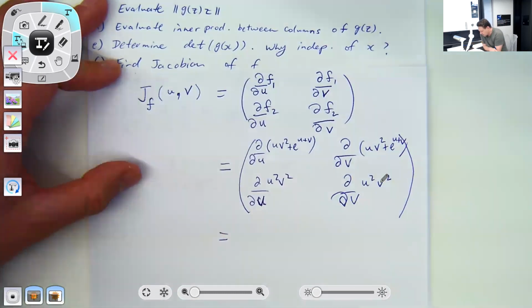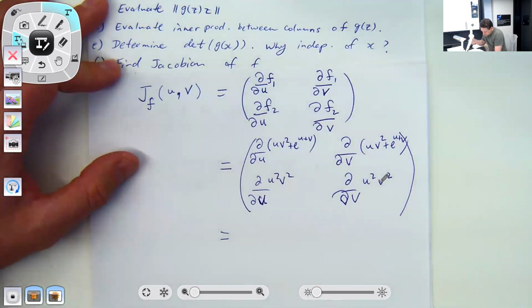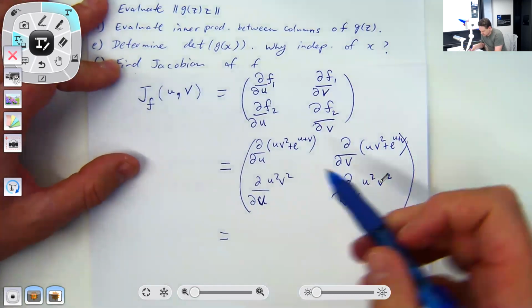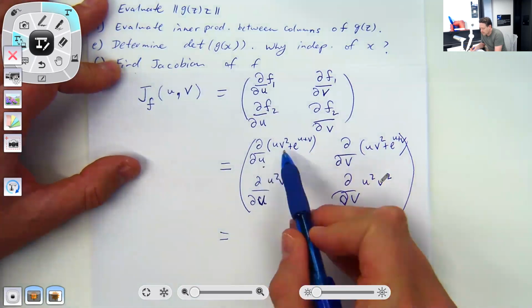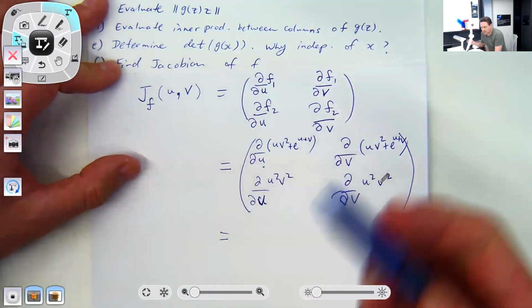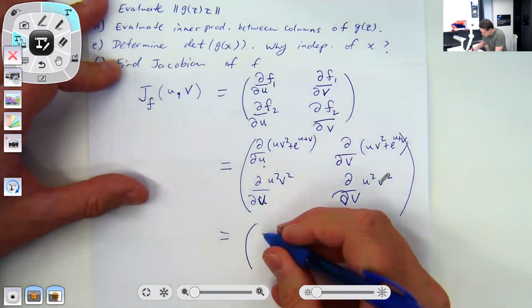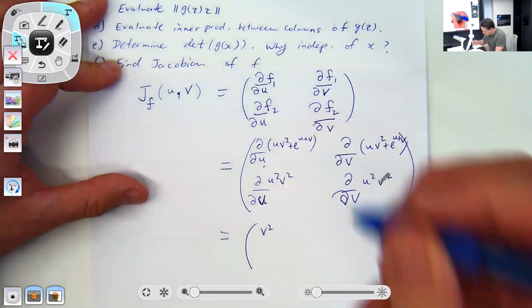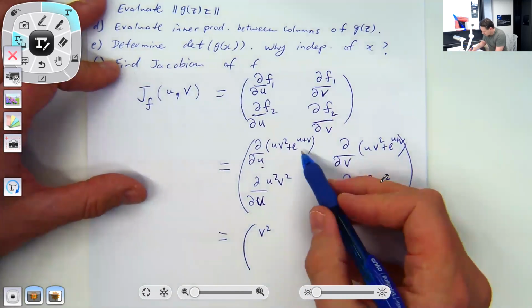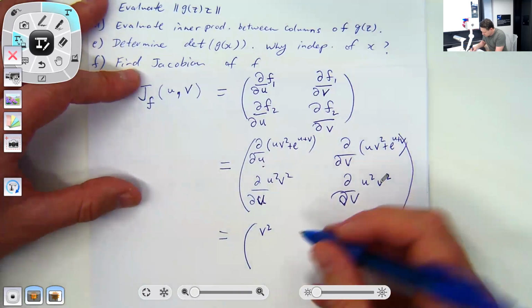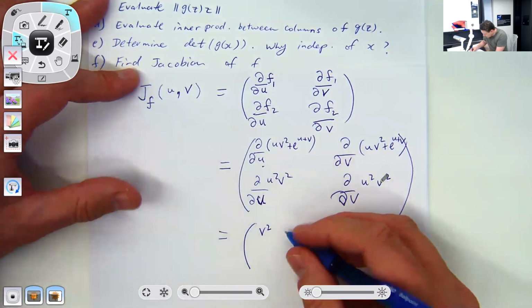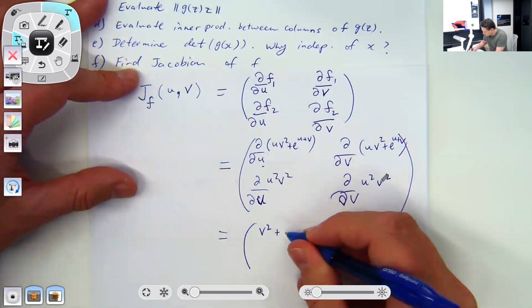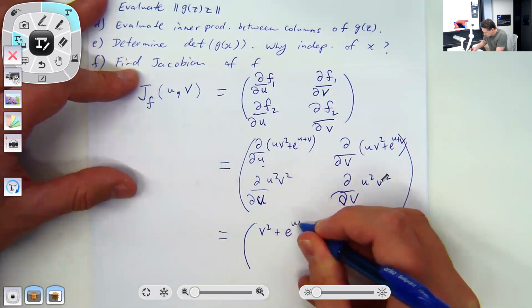So we just simplify this. We're treating everything else that's not under here as if it were a constant when we calculate this. So what we get is v squared for the first part, and then the derivative of e to the x is e to the x, so we have plus e to the u plus v there.